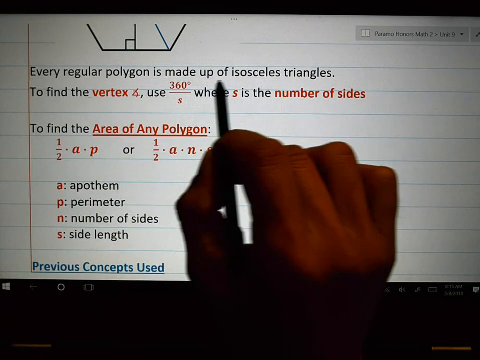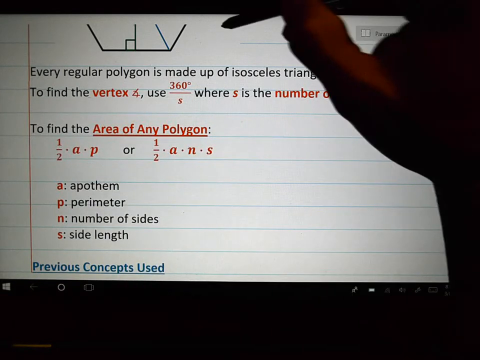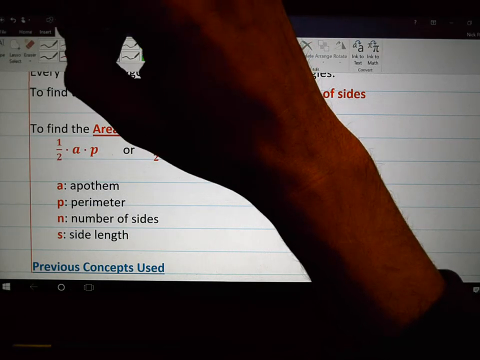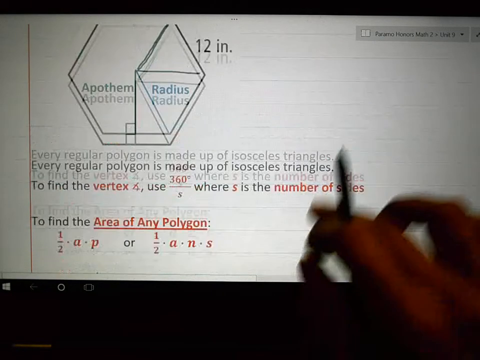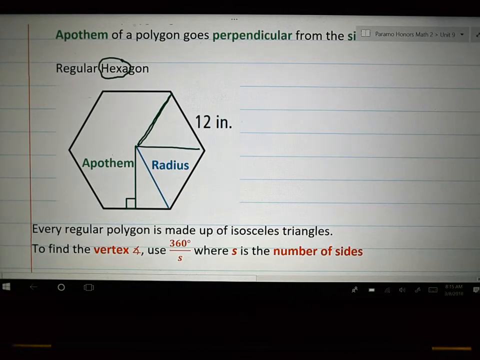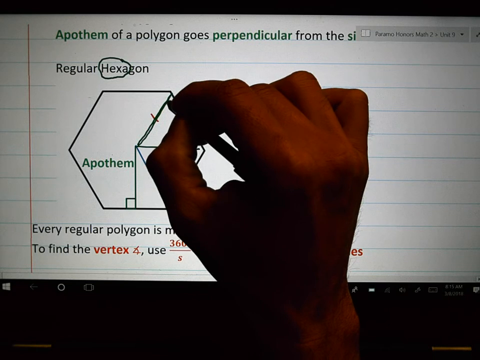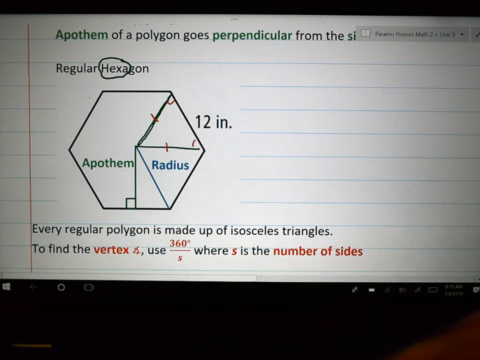Every regular polygon is made up of isosceles triangles. Let me show you what I mean. If I look at this particular hexagon, I know that if it's regular, then I'm going to have 2 sides that are definitely the same and 2 angles that will be the same as well.